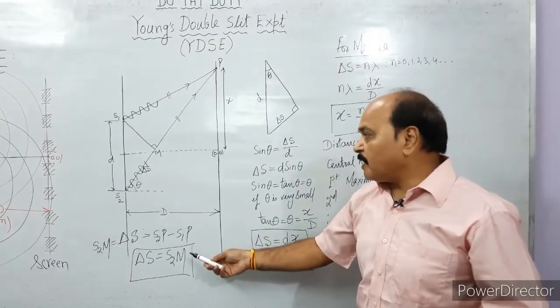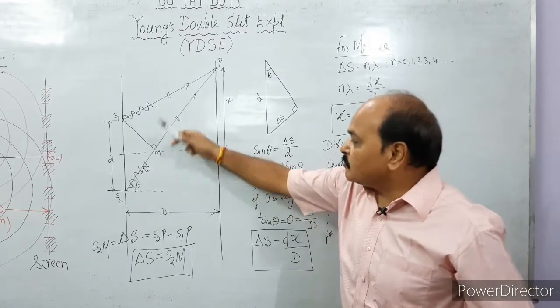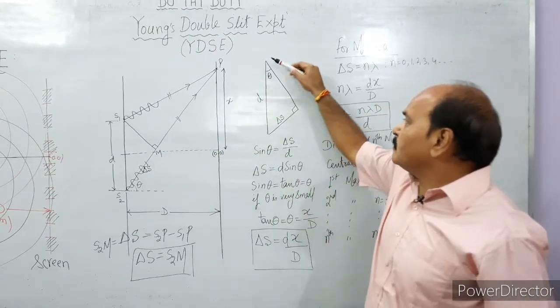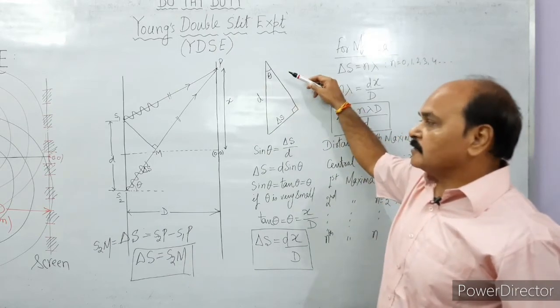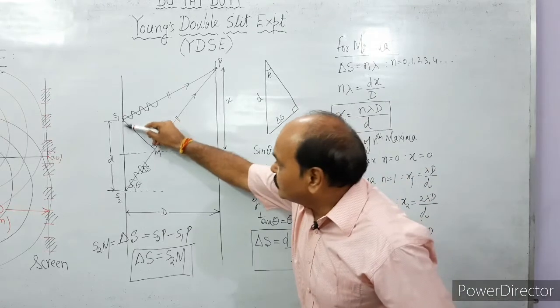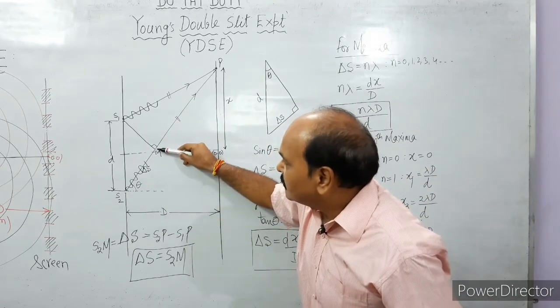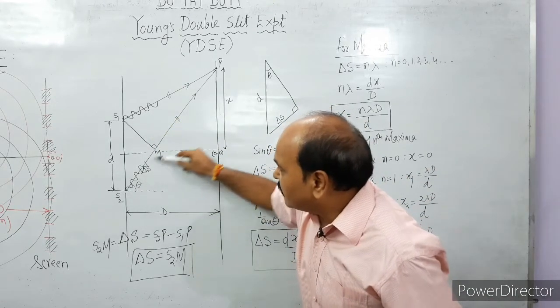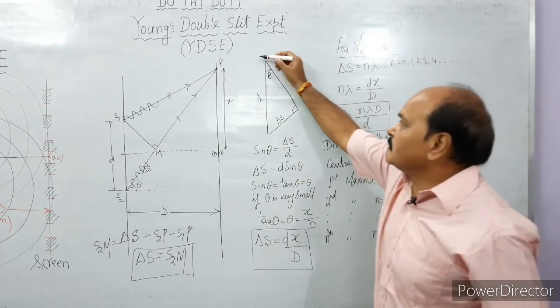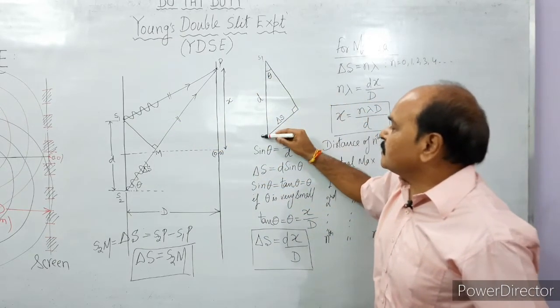S2M, which is the path difference between the waves coming from S1 and S2, is going to be found out by this right angle triangle. What is this right angle triangle? We copy this right angle triangle from here and paste it here. This is S1, this is S2.